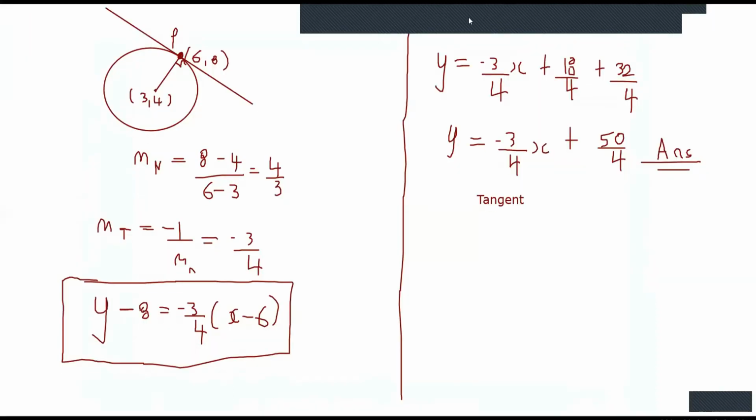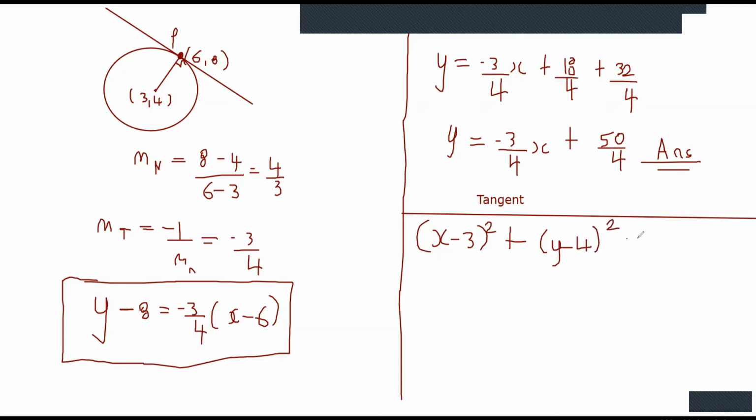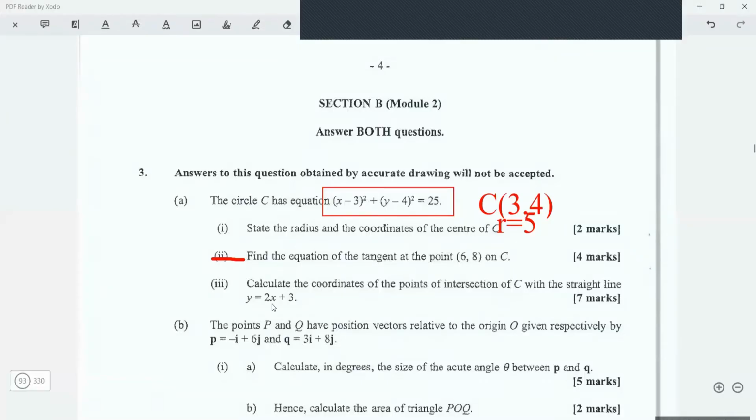We don't need much space to do that because that's simple. So you have the circle. Remember the circle is x minus 3 all squared plus y minus 4 all squared equal 25. Now guys, they give you this line y equal 2x plus 3.